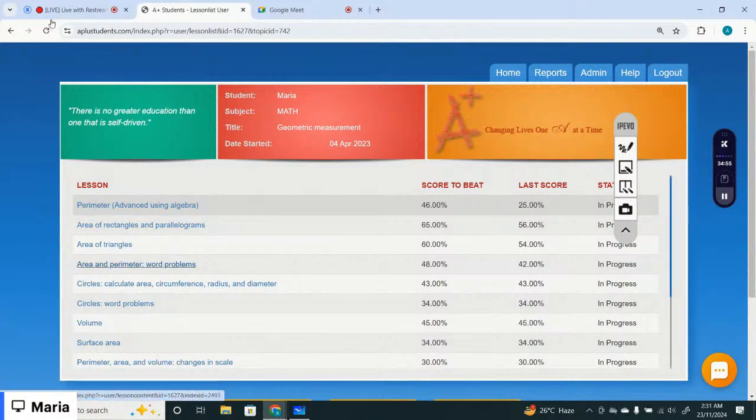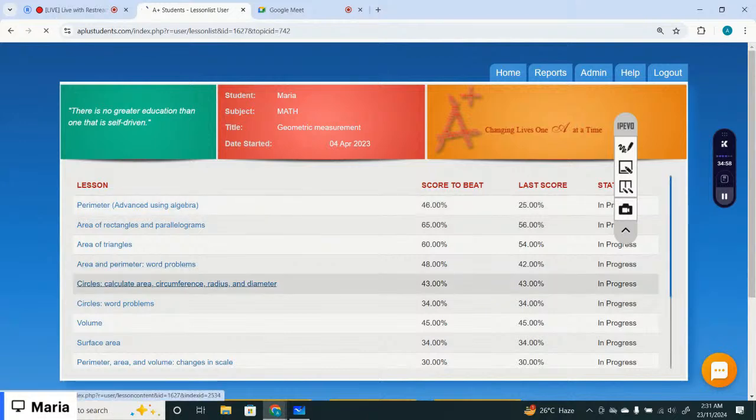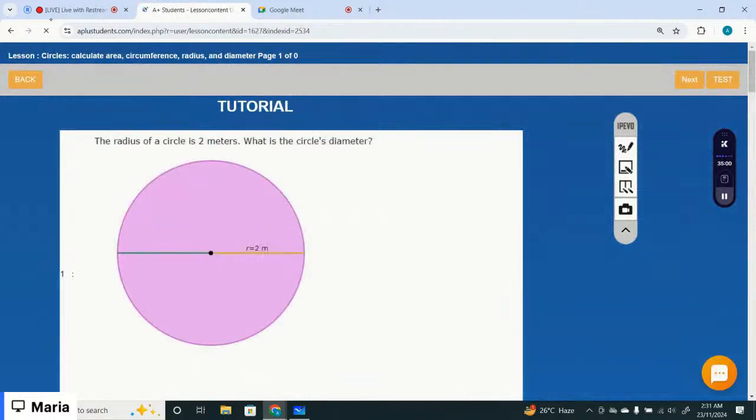The next lesson is circles: calculate area, circumference, radius, and diameter.